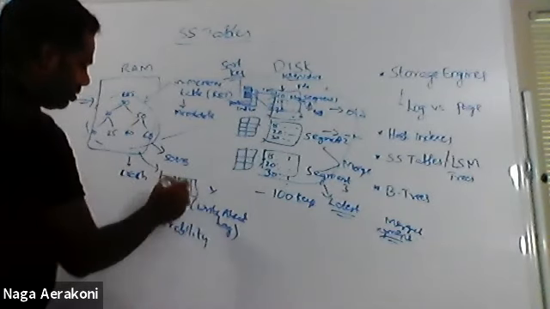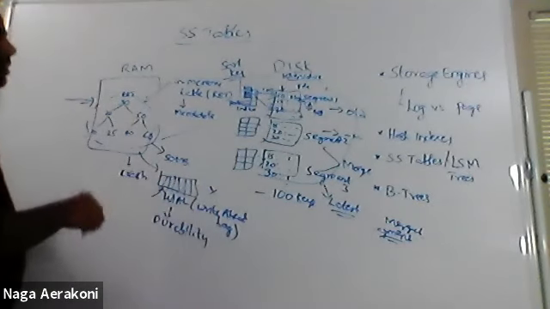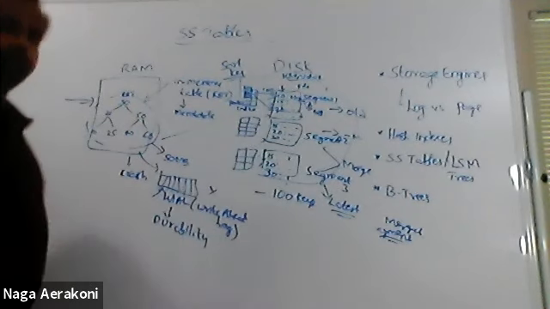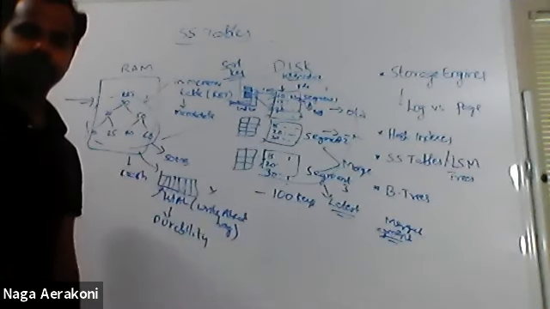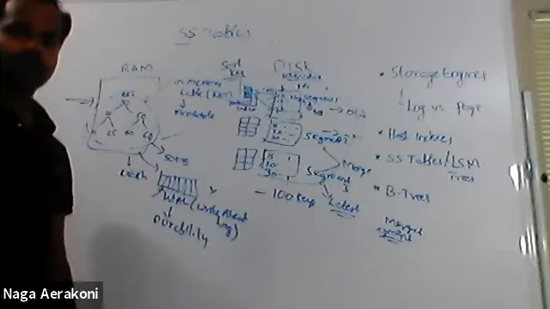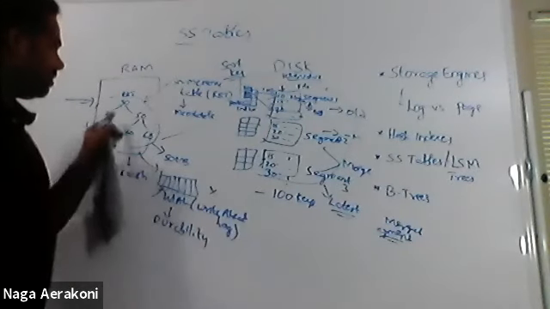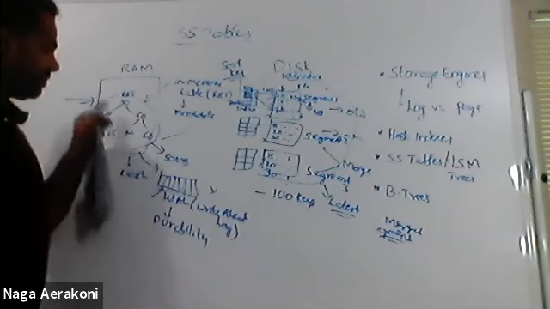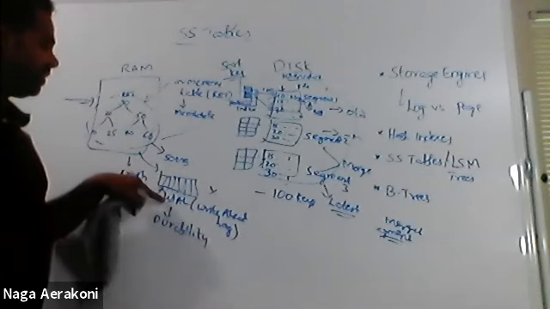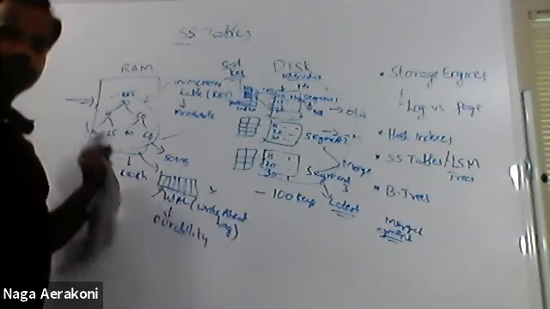That's how this ensures durability. This is just before writing to disk. If the RAM crashes, we should be able to recover the mem table, that is the red-black tree, by reconstructing it from this write-ahead log. It's just a series of events, write, update, or something like that, right?